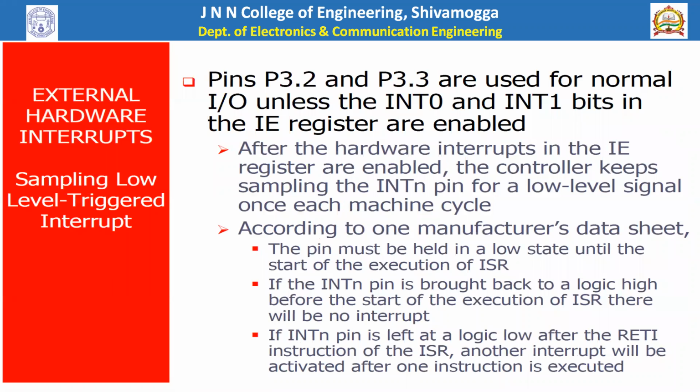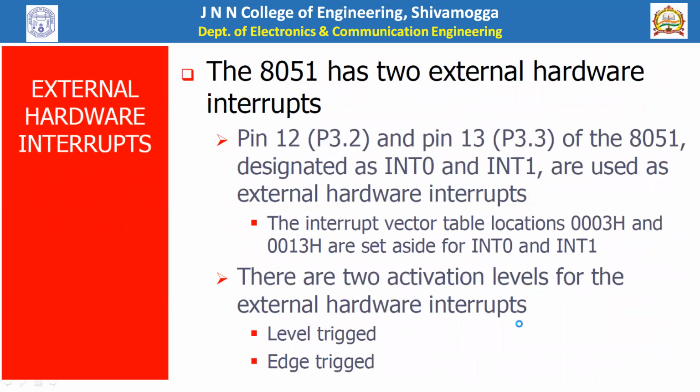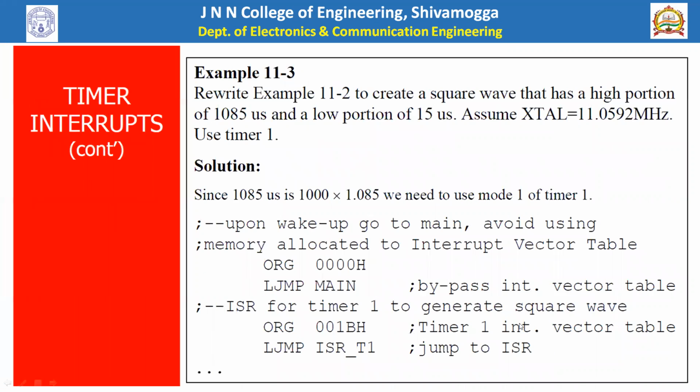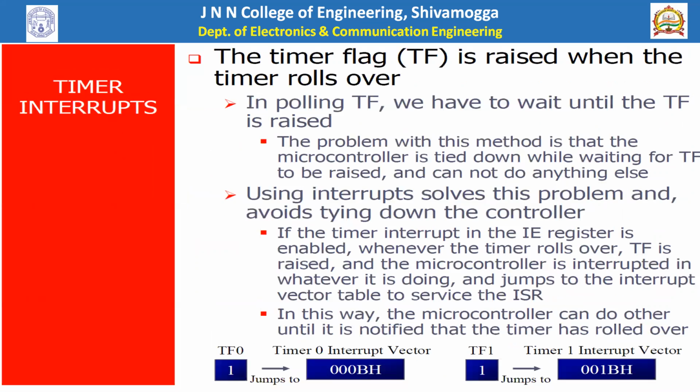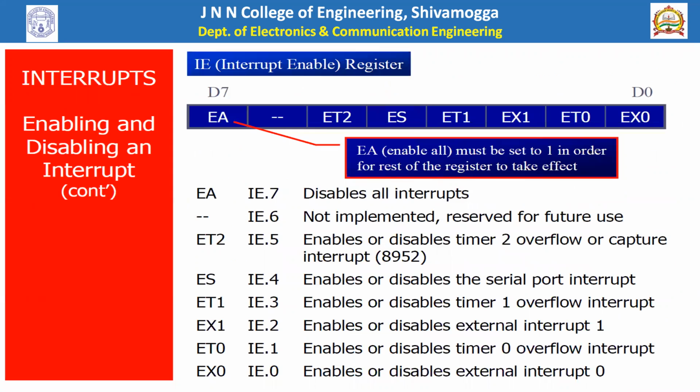So pin 3.2 and pin 3.3 are used for normal IO unless the INT0 and INT1 bits in the IE register are enabled. You know that there is an interrupt enable register that we have seen in the last class itself. Once again, I will show it. This is the interrupt enable register.